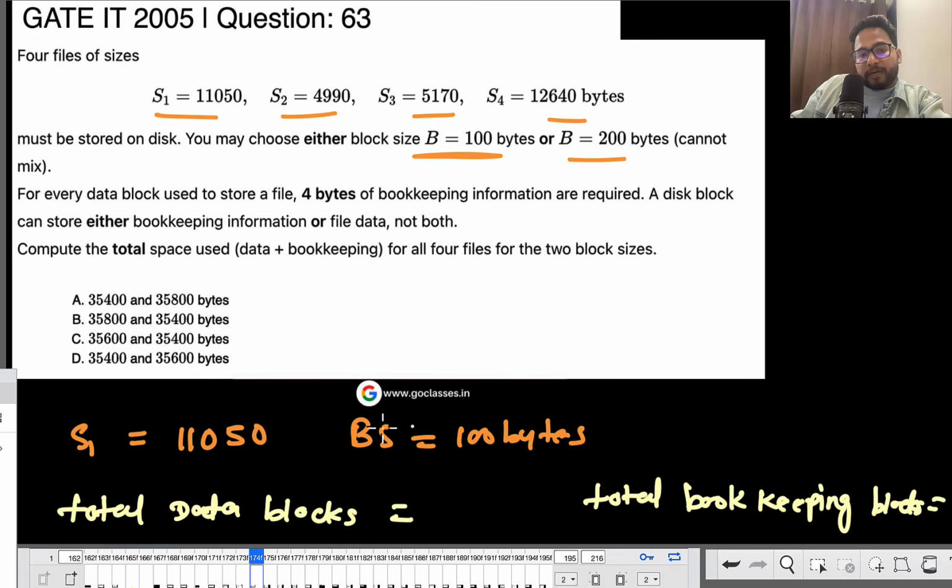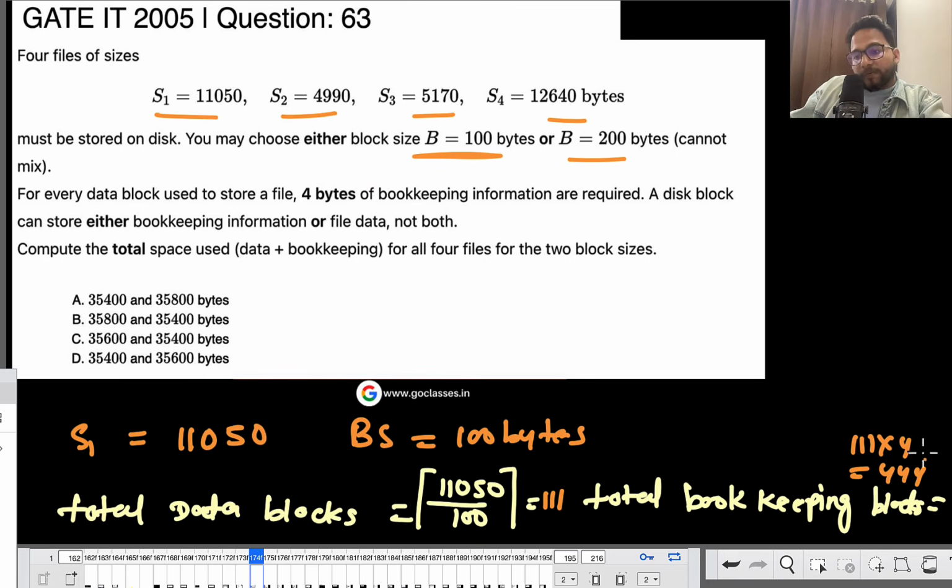If each is 100, then you divide by 100, so 11050 divided by 100, and then it will be a ceiling, meaning you need to take the upper part, which will be 111, right? So you are going to take 111 data blocks, and for each data block 4 bytes of bookkeeping is needed. So you can just multiply by 4. Then you will get 444 bytes.